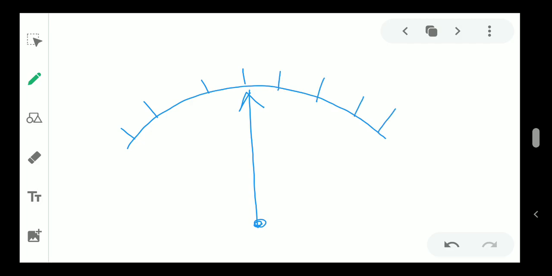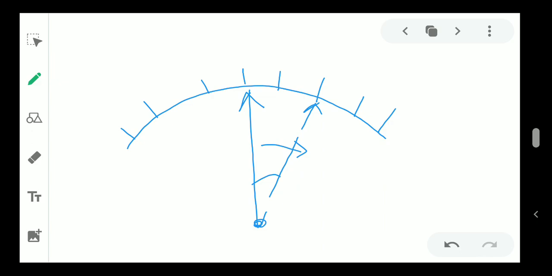In a galvanometer there is a pointer and some marks, and you have to measure the deflection, how much it is rotated.